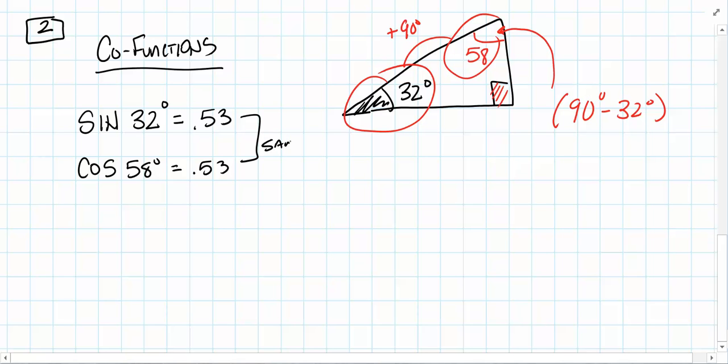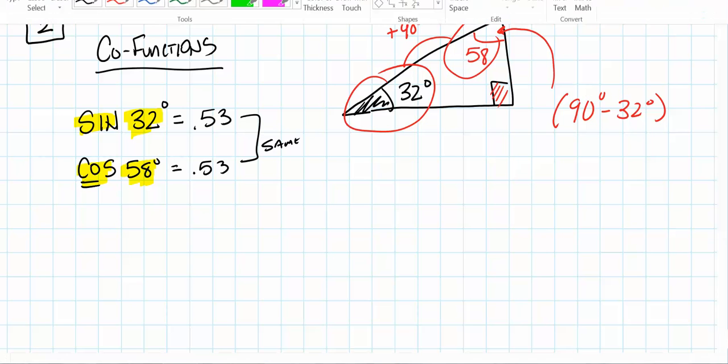Those are the same. Does anyone realize what the co in front of sine means? It means complement to sine. That's what it means. Okay, so here's what we can say. If we have two angles that are complementary and we have complementary functions, then they have to be equal to each other.